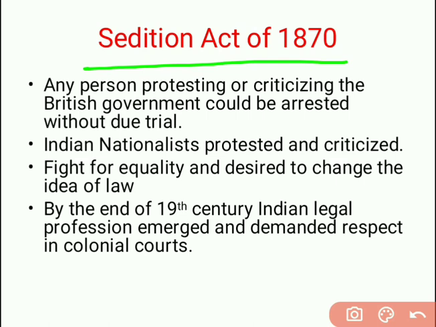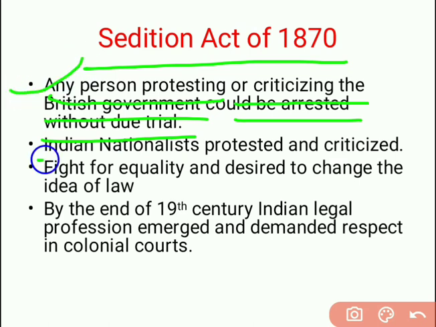According to this law, the provisions were made that any person protesting or criticizing the British government could be arrested without due trial, no question, no warrant, and no inquiry. That was the policy of the government according to this law.